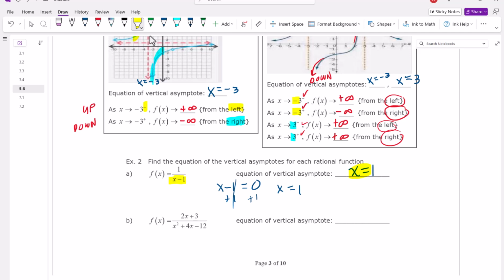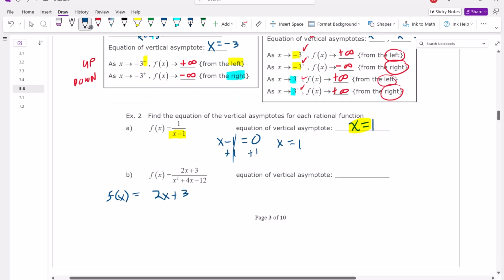We need to factor the denominator. The numerator does not factor. It's important, too, that you pay attention to both the numerator and denominator, because sometimes something will cancel. So with this one, if we factor this, the first terms are going to be x and x. Then you've got 12, so you've got 1 times 12, 2 times 6, or 3 times 4.